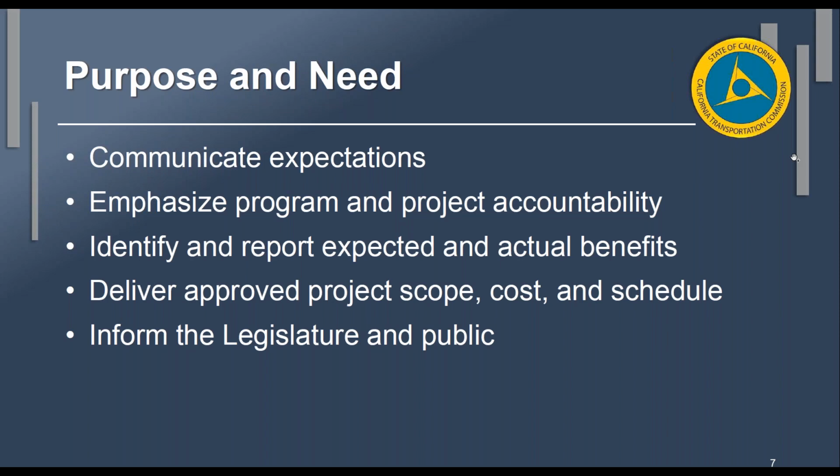I know in the past the accountability guidelines can sometimes be cumbersome, but again, this is the purpose and our need, and based on that legislation, we're going to continue doing these items.